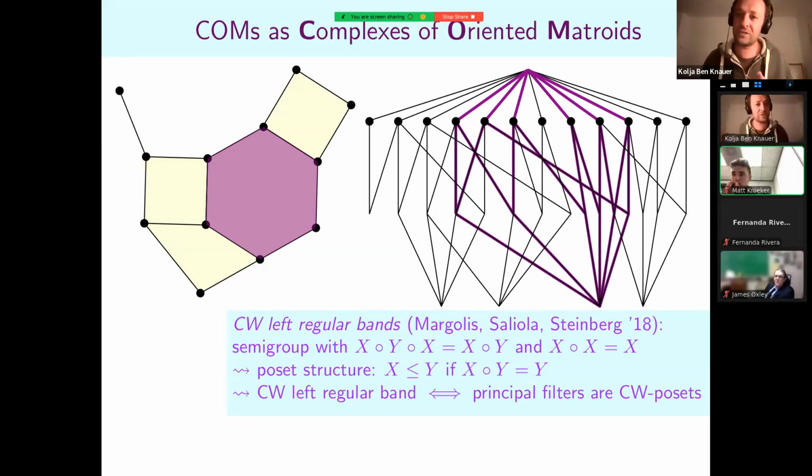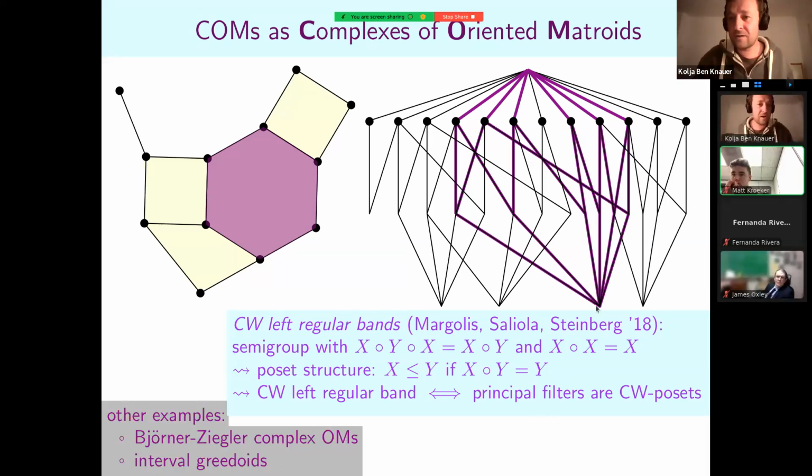This order has the special property that all the principal filters are CW posets, CW complexes. In our setting this is the case because they're oriented matroids, and oriented matroids are spheres by the topological representation theorem. So in this setting, they turn out to be the most prominent cases of these CW left regular bands. There are other examples though.